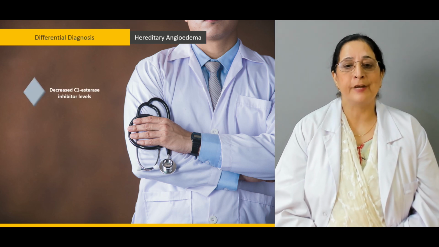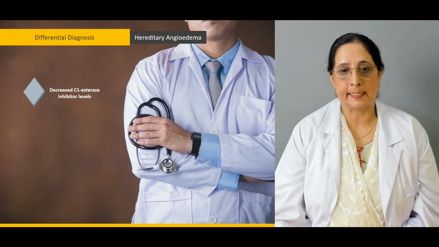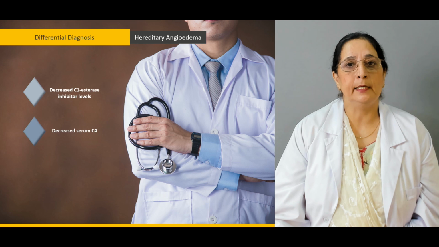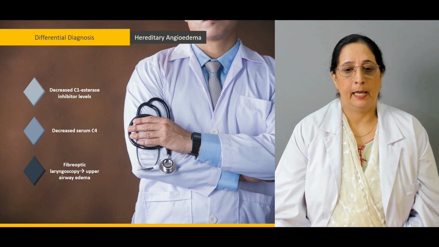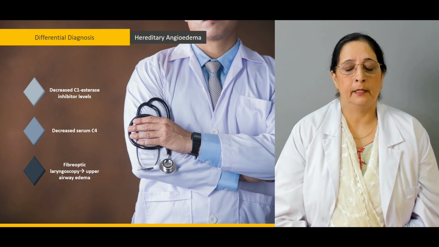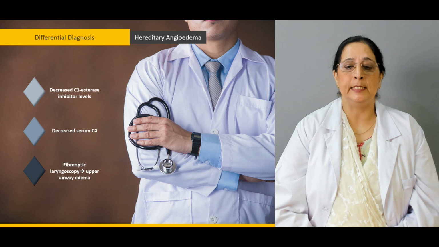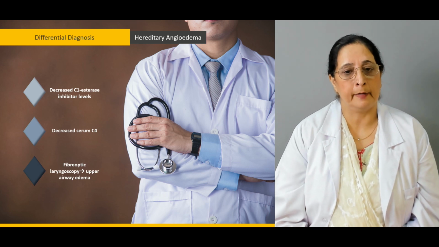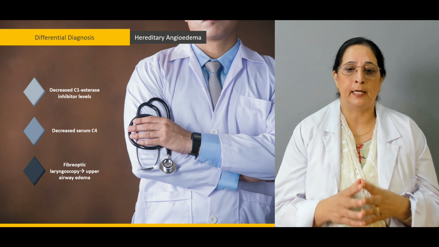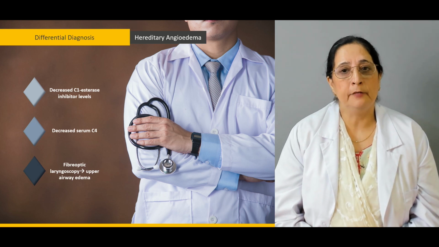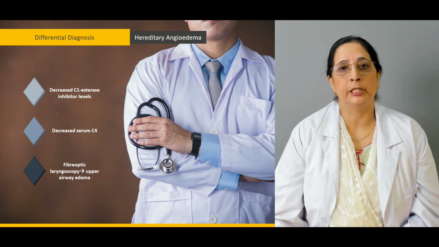There is decreased C1 esterase inhibitor level, decreased serum C4 level, and on fiber optic laryngoscopy there is edema of the upper airway. So there is a decrease in C1 esterase and decreased serum C4. All this leads to hereditary angioedema.